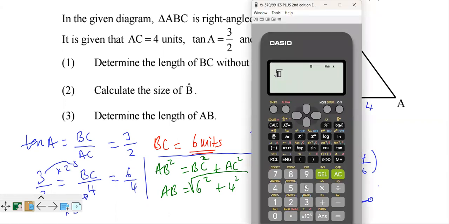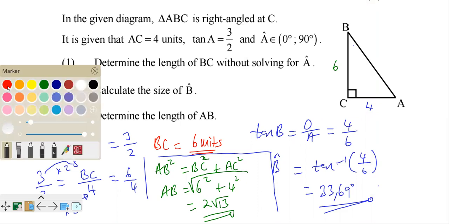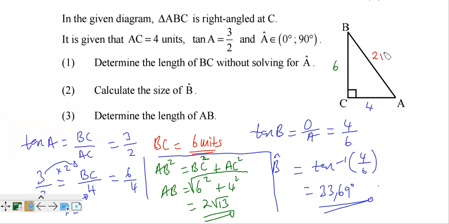The root of 6 squared plus 4 squared is equal to 2 root 13. That's our final value. So we can put our value there, 2 root 13. Okay, so done deal here.